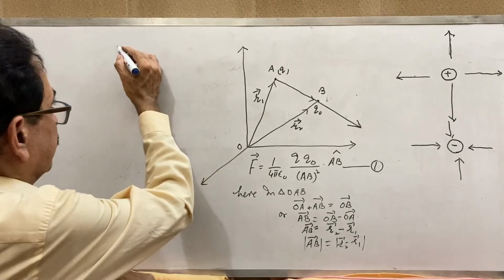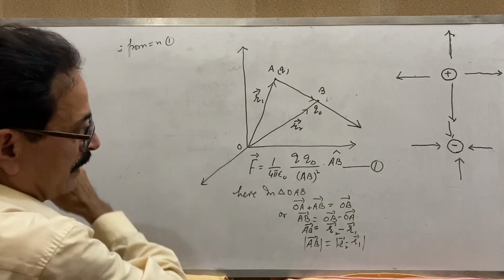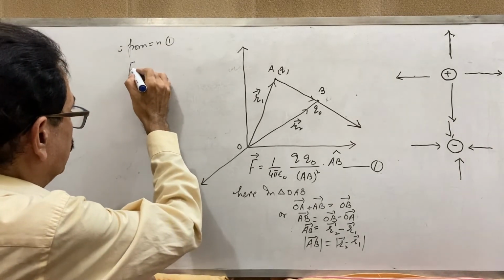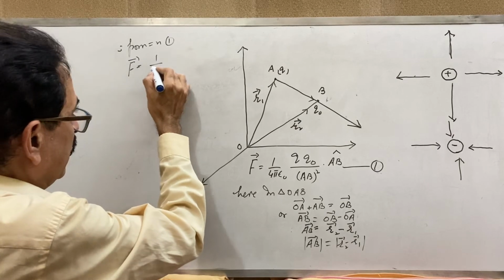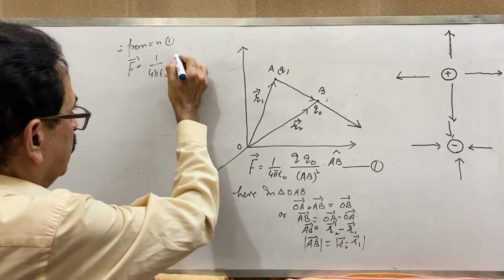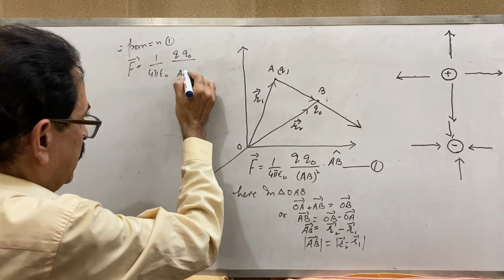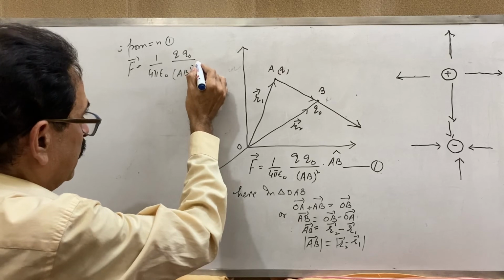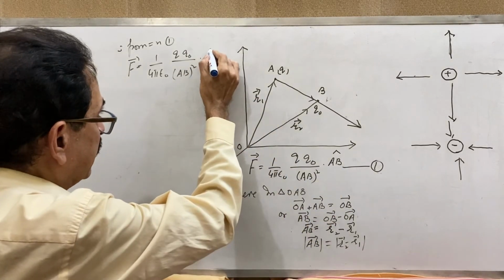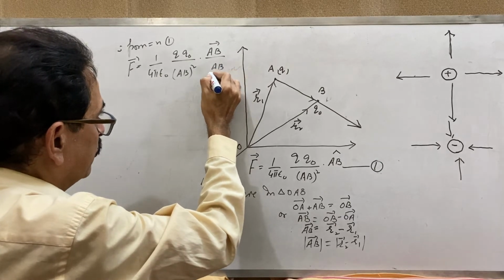Therefore, from equation 1, we write F is equal to 1 upon 4 pi epsilon naught Q Q naught divided by AB square. Instead of AB cap, I will write AB vector divided by AB magnitude.